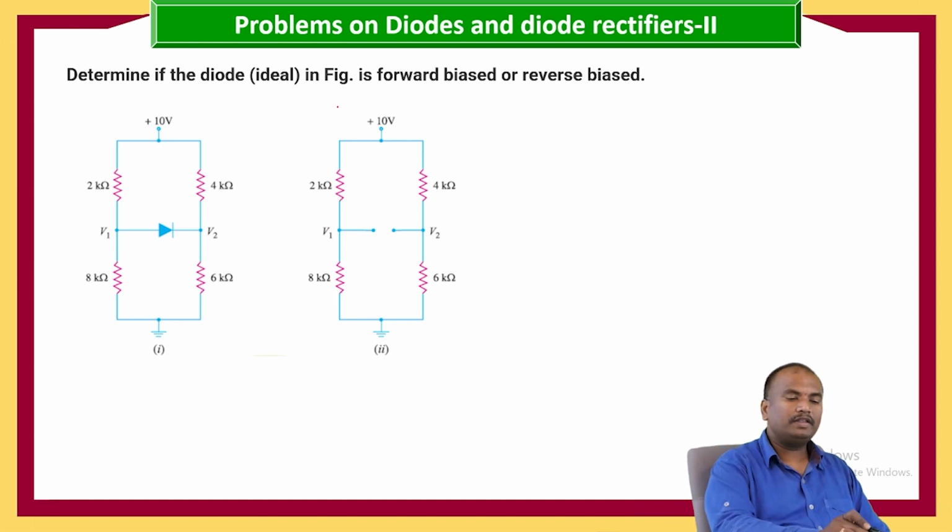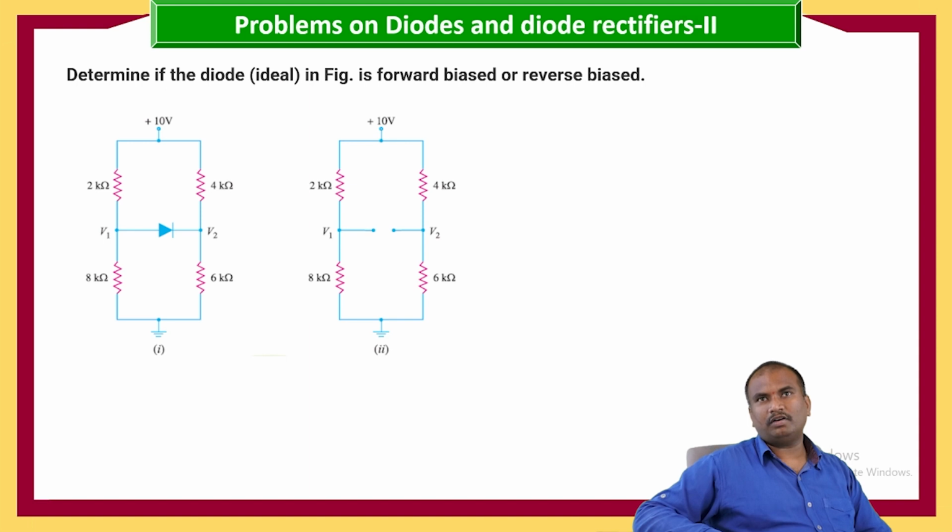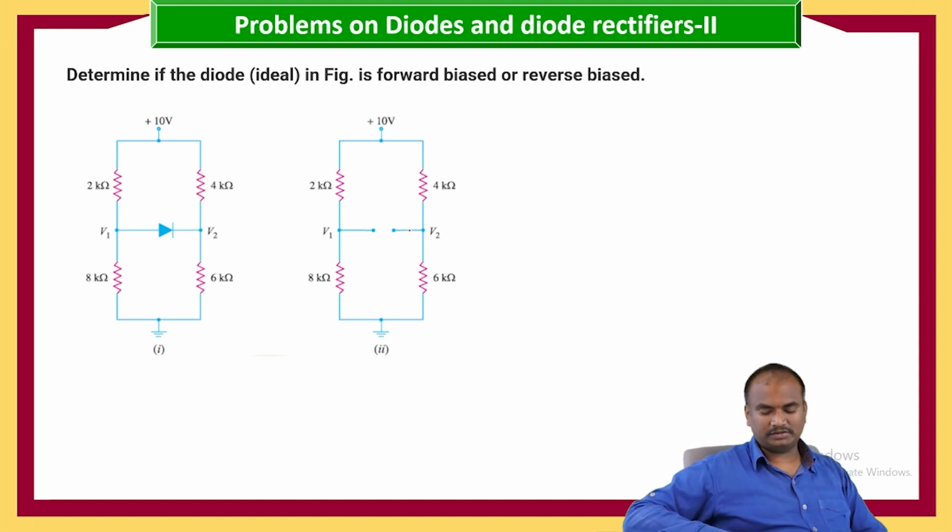Determine if the diode in the figure is forward biased or reverse biased. When the diode is forward biased or reverse biased, it is a short circuit or an open circuit. So let us assume that the diode is off, that is, reverse biased.